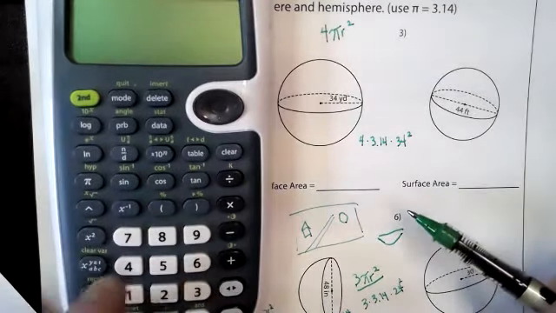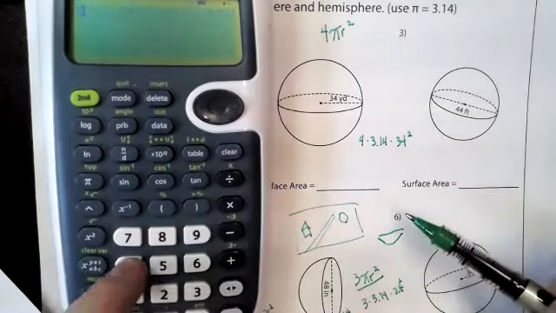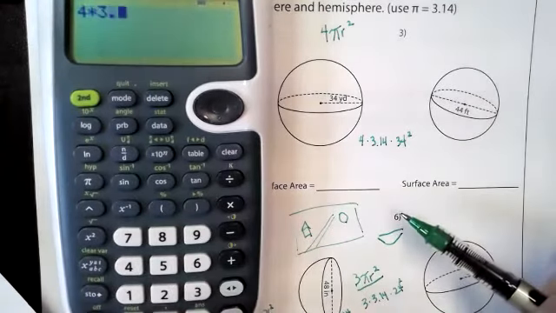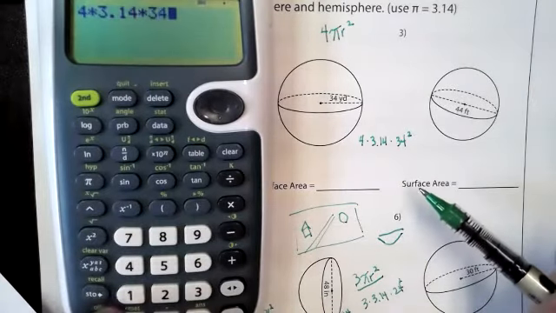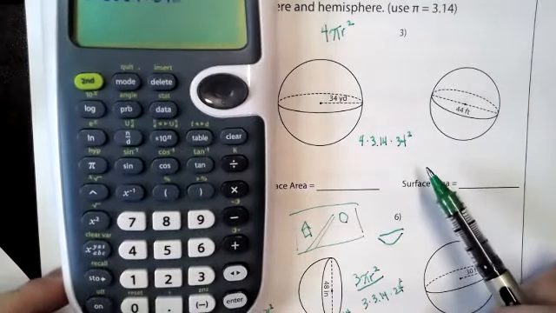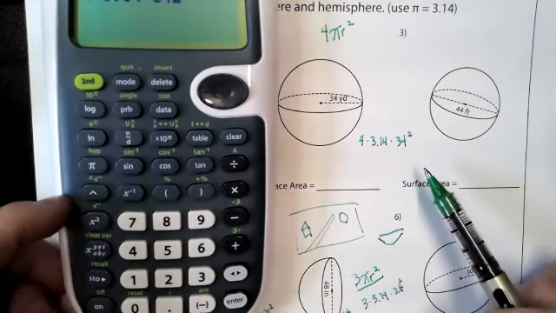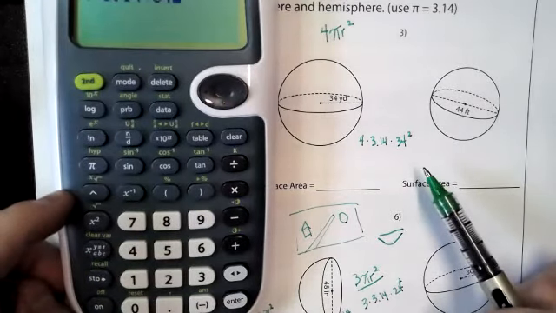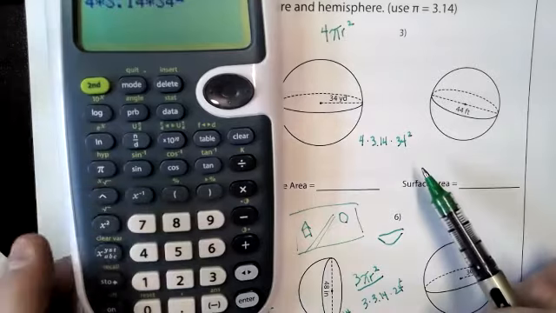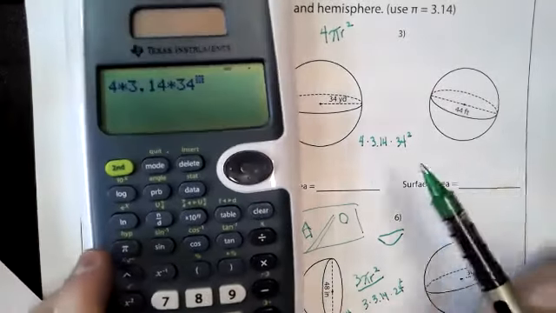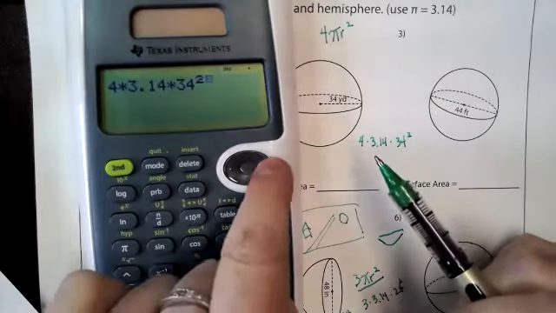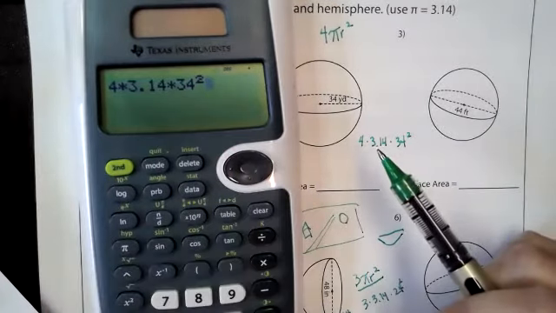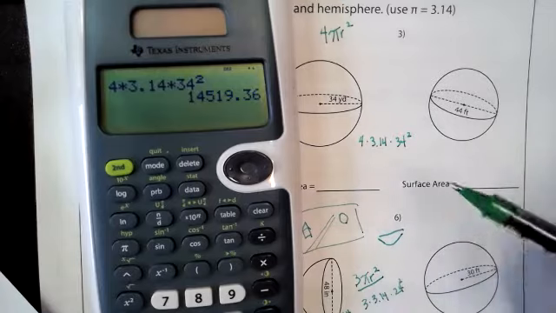We've got 4 times 3.14 times 34. And then on your calculator, you can do exponents. This little tent button, kitty corner from the 7, click that. You see that it gives you the exponent. 2, arrow out, so you're out of that mode, hit enter.